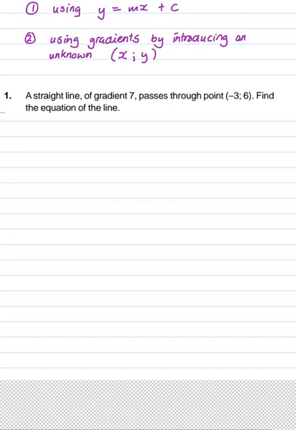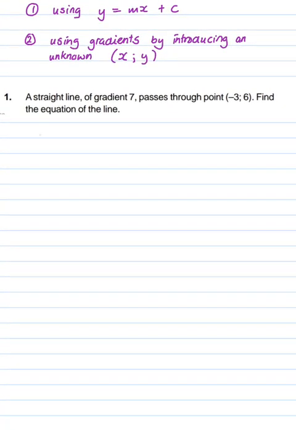So we have question number 1. Here we want to use method number 1 as well as method number 2. For method number 1, a straight line has a gradient of 7, which means m is equal to 7, and it passes through the point minus 3, 6.